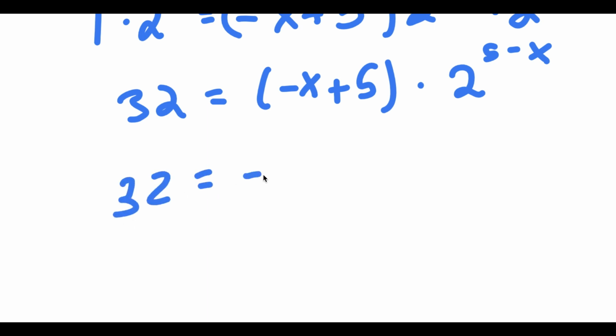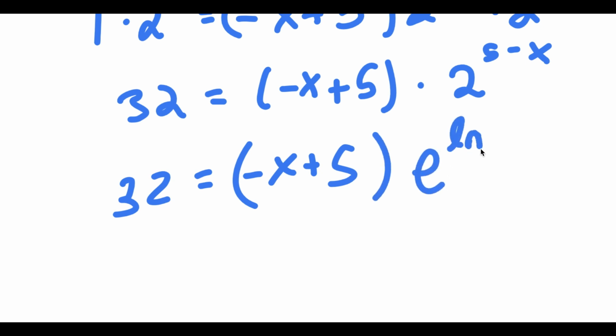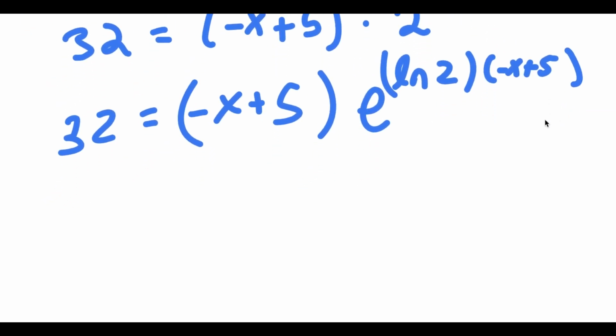Now I have 32 is equal to (negative x plus 5) times e to the power of ln 2 times (negative x plus 5).